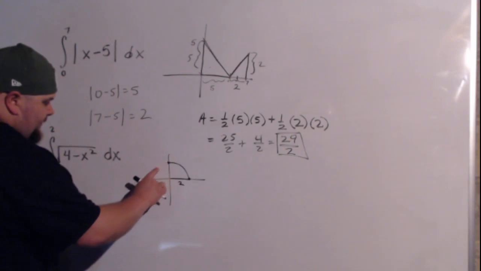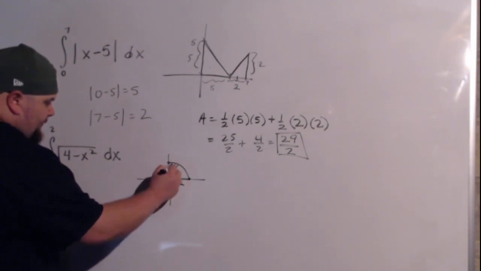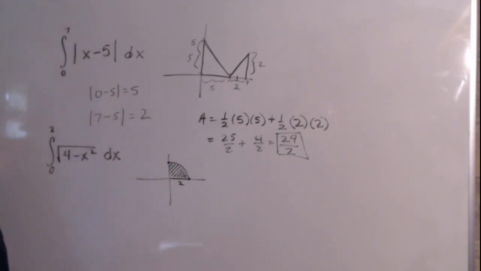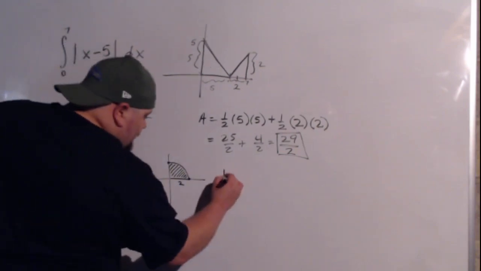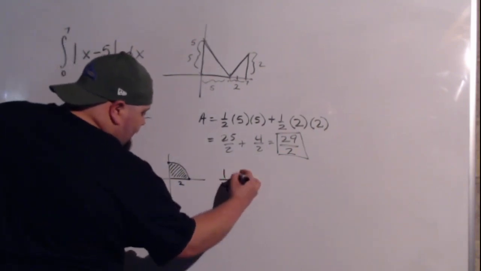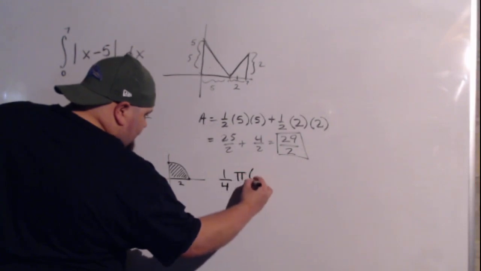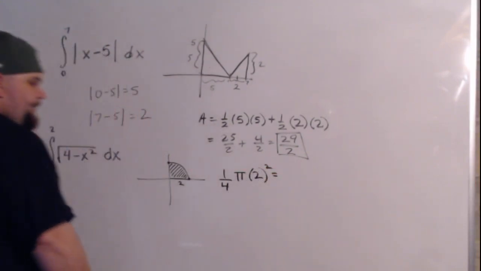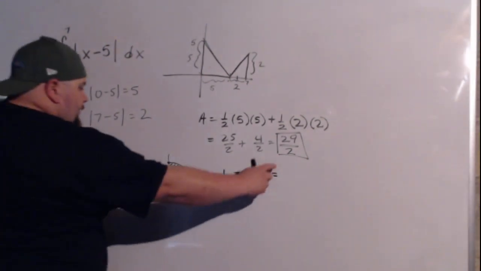So we don't want this piece at all. We just want this area. And you might be thinking, well, I have no idea what to do with that. But we just got done saying this is a part of a circle. It's in fact 1/4 of the area of a circle. So 1/4, the area of the circle is pi times r, which in this case is 2 squared. 2 squared is 4.